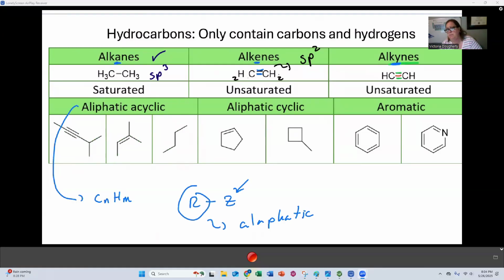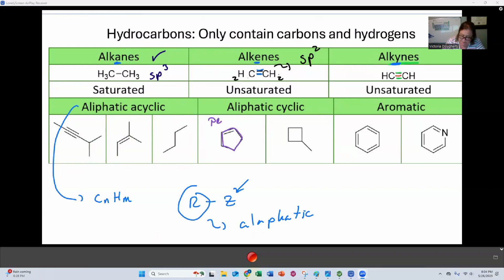The opposite of acyclic, of course, is cyclic. Probably something you never thought about, that hydrocarbons or molecules themselves could be cyclic, but a lot of molecules actually are. But again, we're only talking about hydrocarbons. So this is a ring of carbons that are 5.